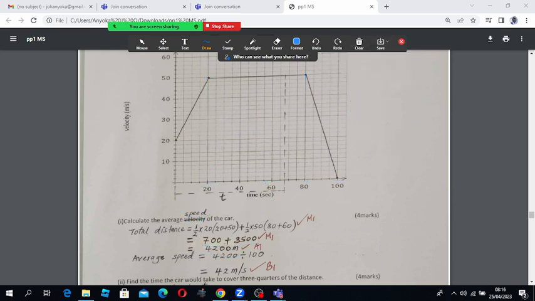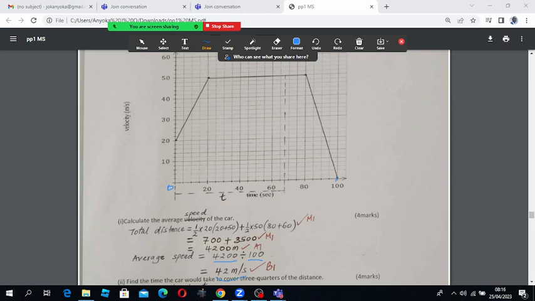So once you have total distance, then we can find average speed. Average speed is equal to total distance, 4200, divided by total time. Total time is from 0 to 100 seconds. So divided by 100 seconds, our speed is 42 meters per second.